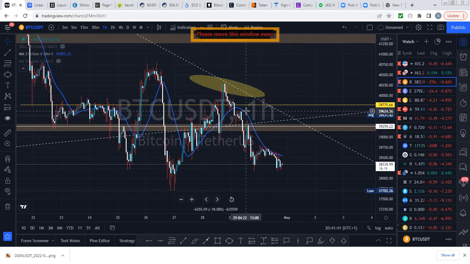So the lower moving average on shorter time frames is more effective compared to higher time frames, which are daily and weekly.